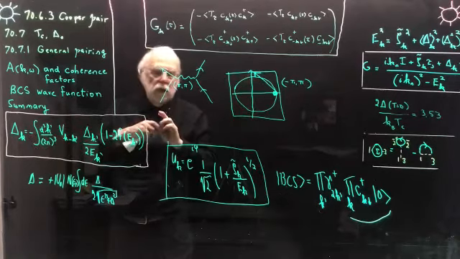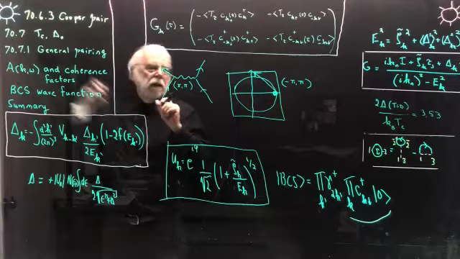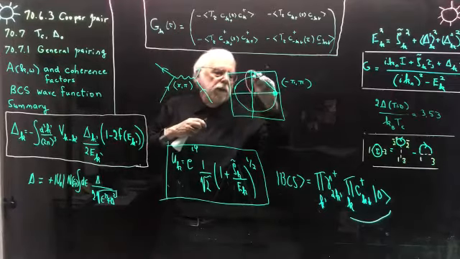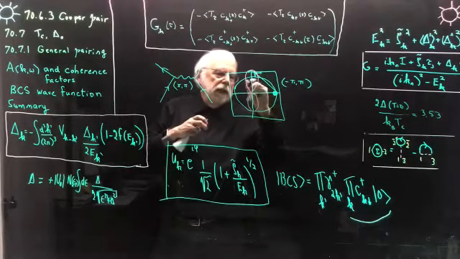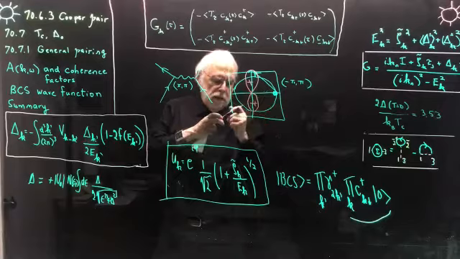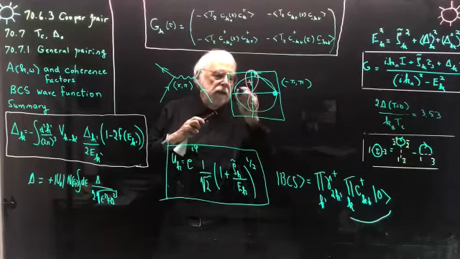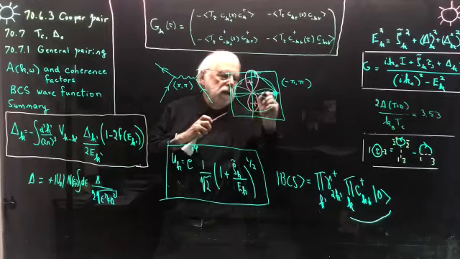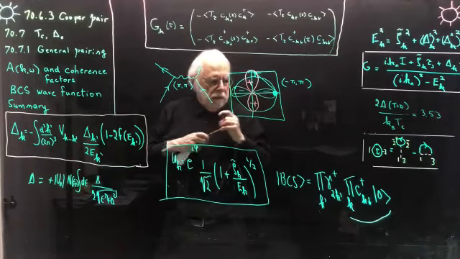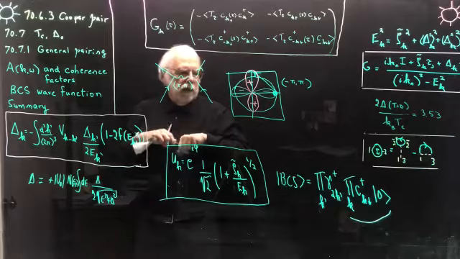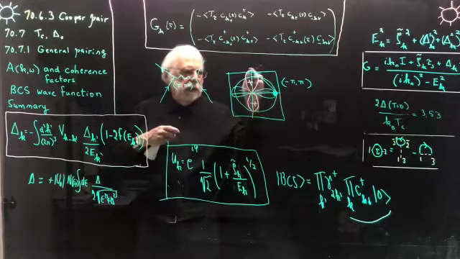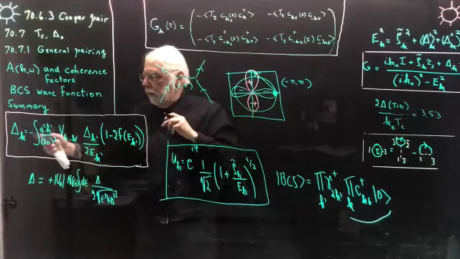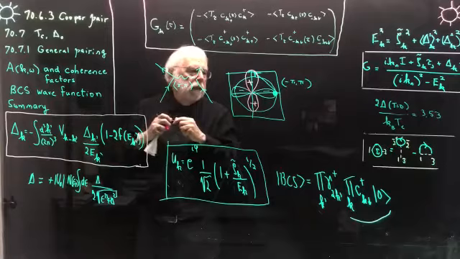In other words, if I take a gap function that is, let's say, positive like here and negative there, it will change sign and it will be enough to get rid of this minus sign here.